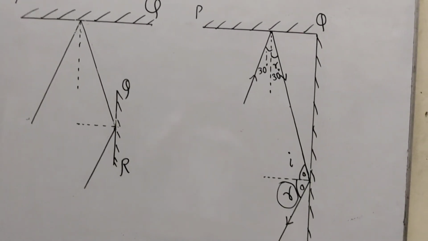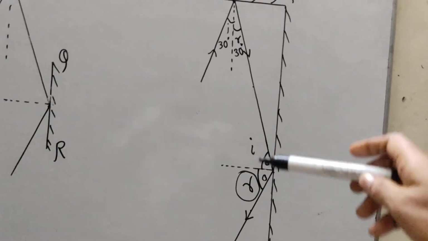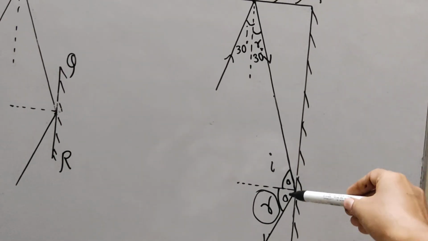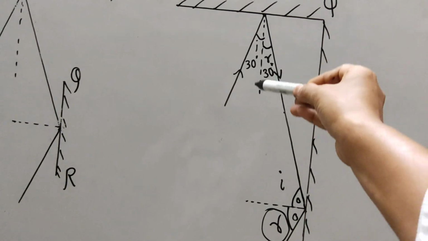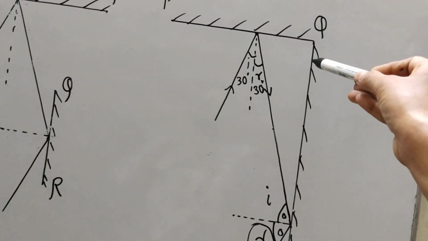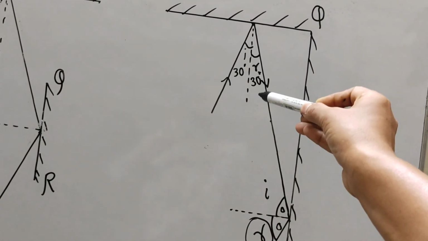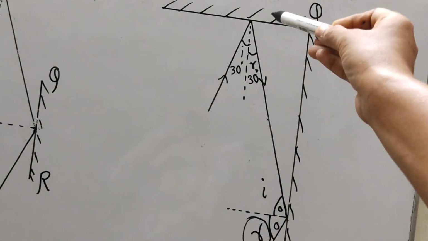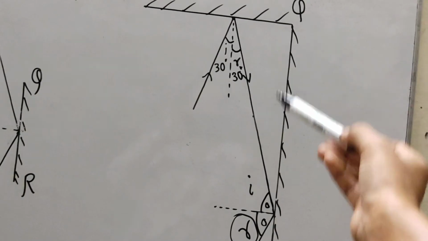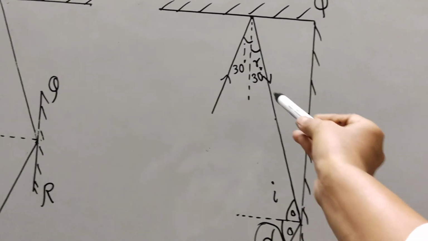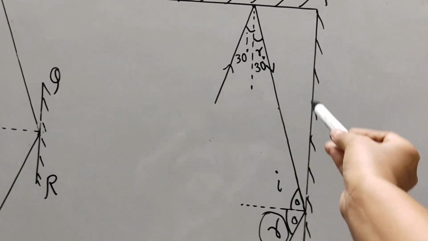And if we see here, this plane mirror is perpendicular to the first mirror. And this normal, which is normal to PQ, means perpendicular. So the normal is perpendicular to PQ and this plane mirror is perpendicular to PQ. In other words, this normal and this mirror are parallel to each other.